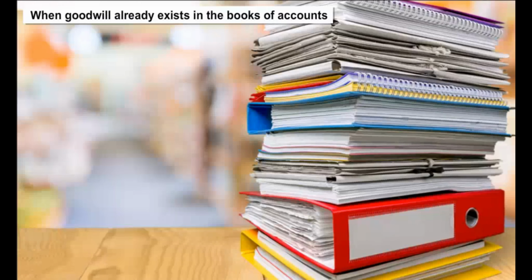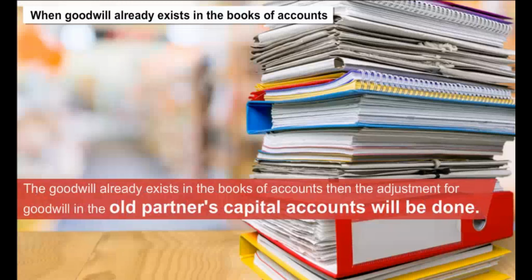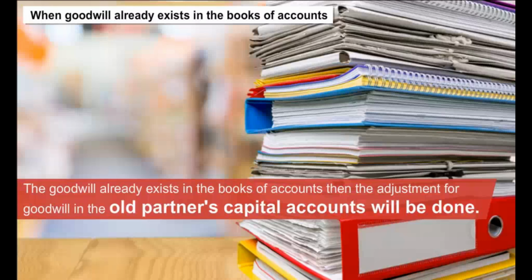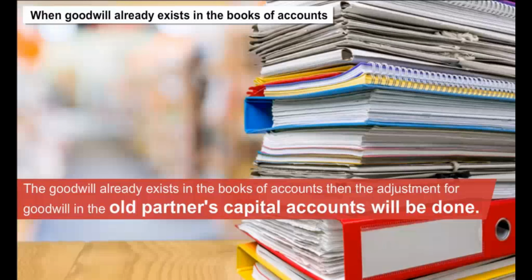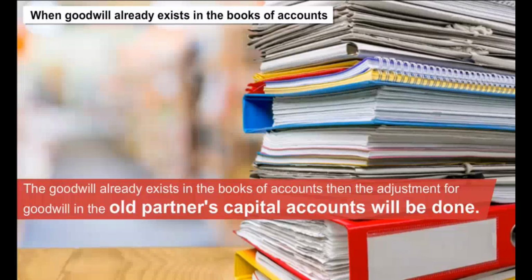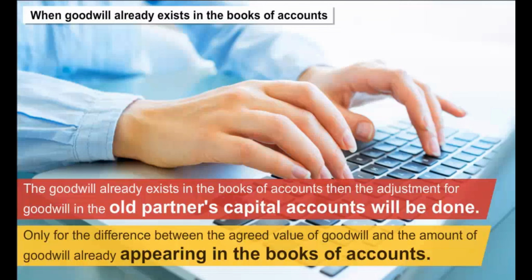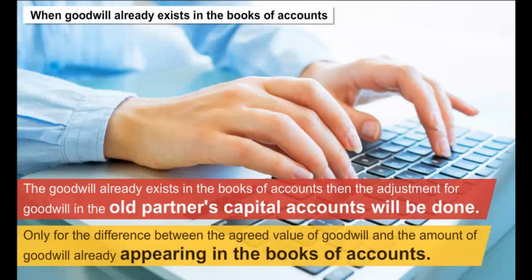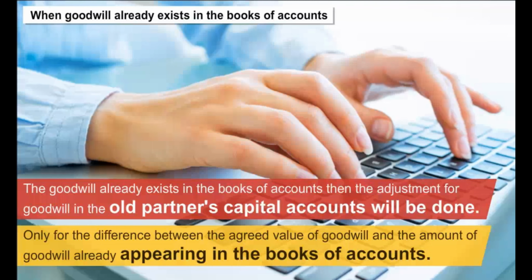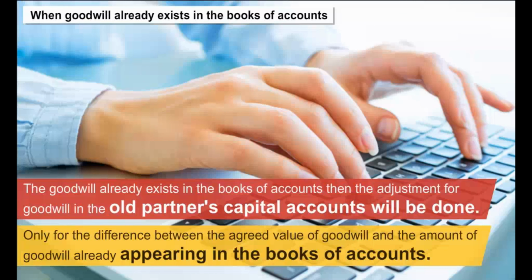When goodwill already exists in the books of accounts, the adjustment for goodwill in the old partners' capital accounts will be done only for the difference between the agreed value of goodwill and the amount of goodwill already appearing in the books of accounts.